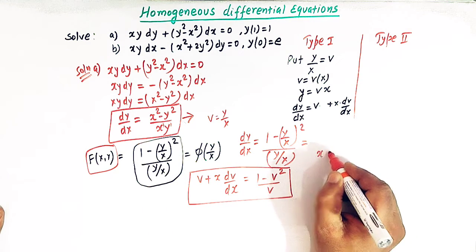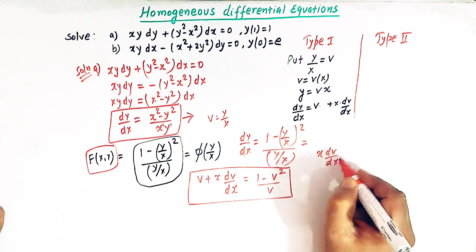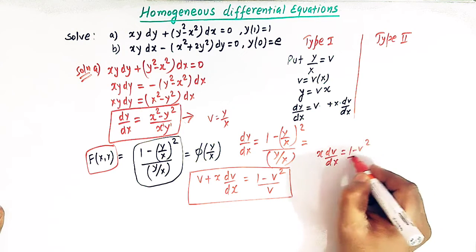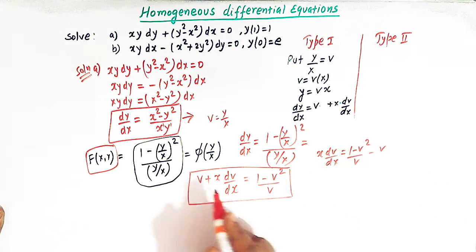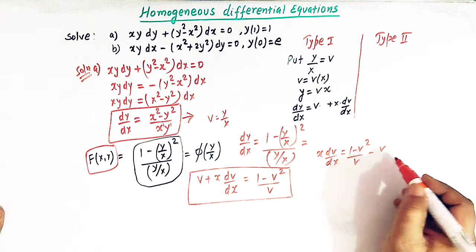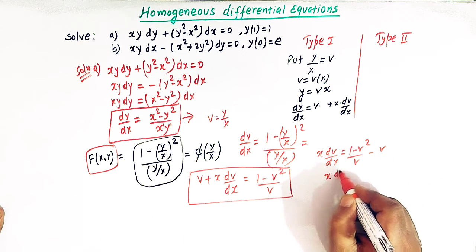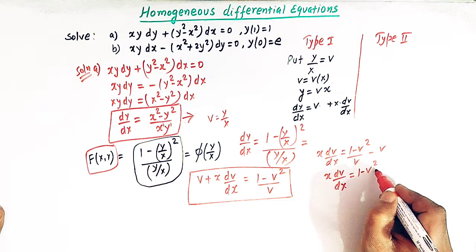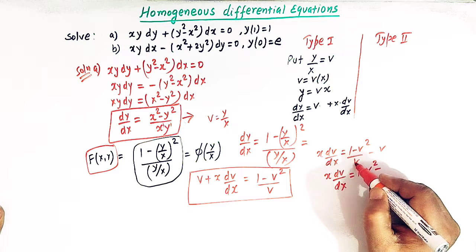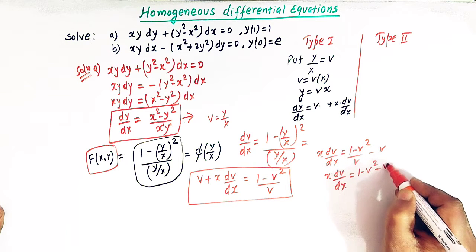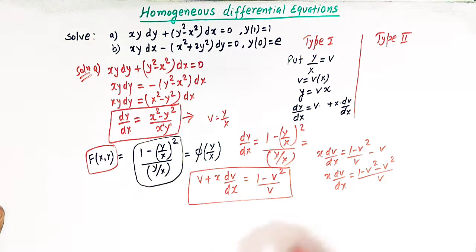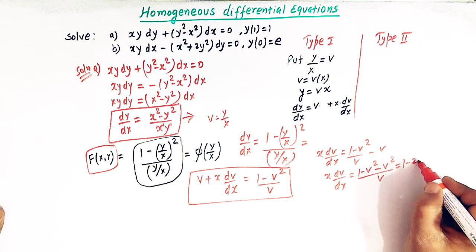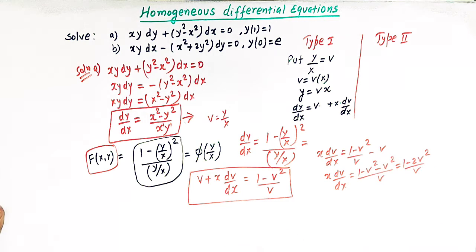So we have x dv over dx is equal to 1 minus v square over v minus v. So taking this v to this side, now we have x dv over dx is equal to 1 minus v square minus, here multiplying this v by v, we have v square, here we have v. So we have 1 minus 2v square over v, right?